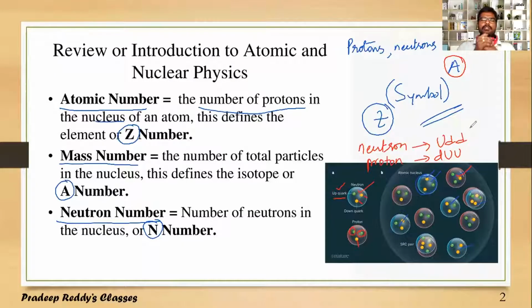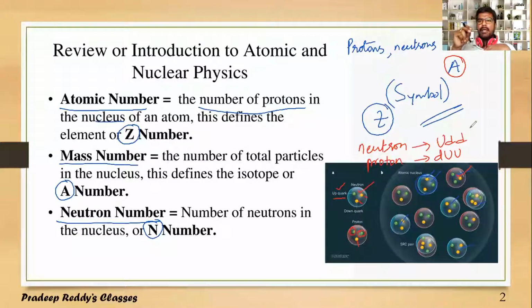So each constituent of a nucleus is said to be a nucleon. Nucleons also have subatomic particles called quarks. Quarks are again made up of strings, and about those fundamental nuclear particles you will be learning in nuclear physics in higher standards. But for the time being, we will be learning only about protons and neutrons.